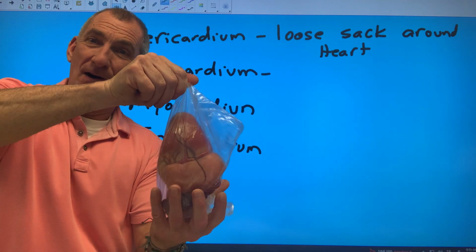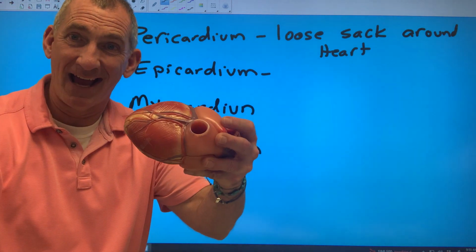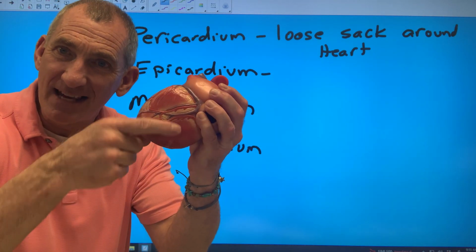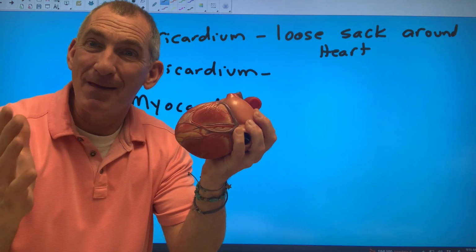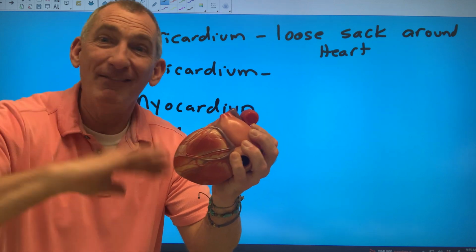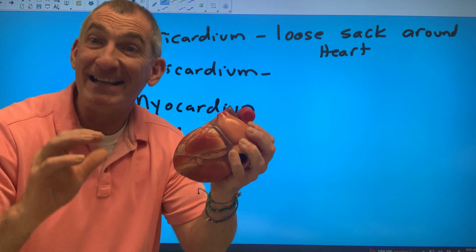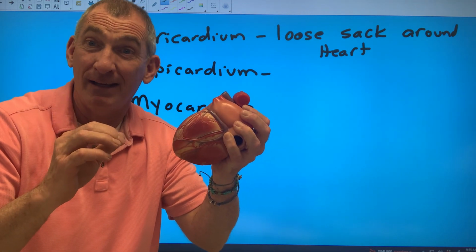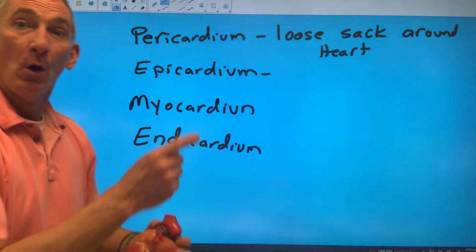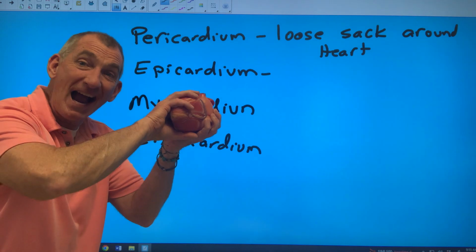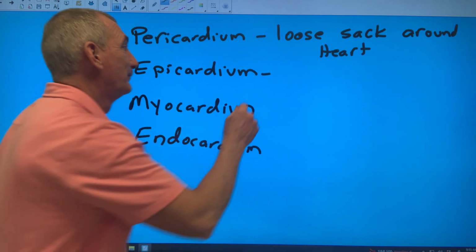You take the heart out of the pericardium sac, then there's going to be a tight membrane that goes around the heart. It's that common thing that we keep talking about in this class. Everything in your body wants to have a covering around it to keep bacteria from coming into it. The periosteum covers the diaphyses. Well, the epicardium is the tight membrane that goes around the heart.